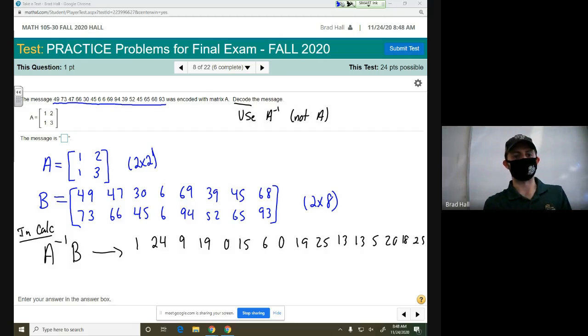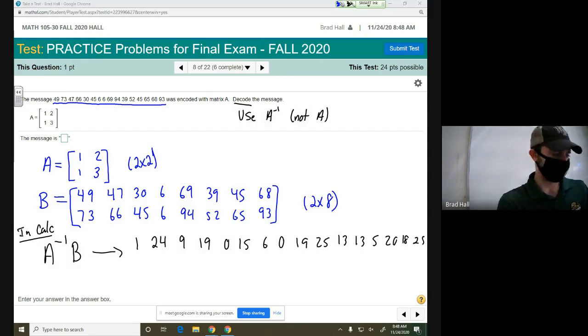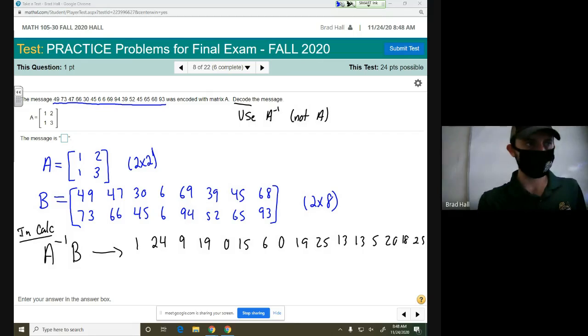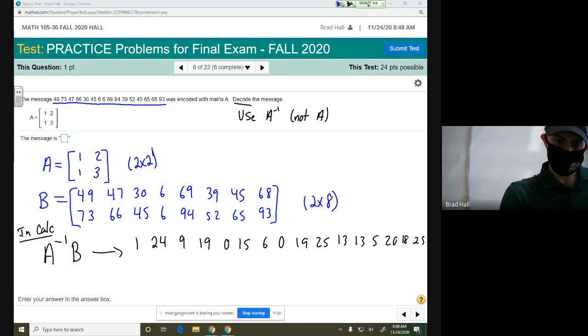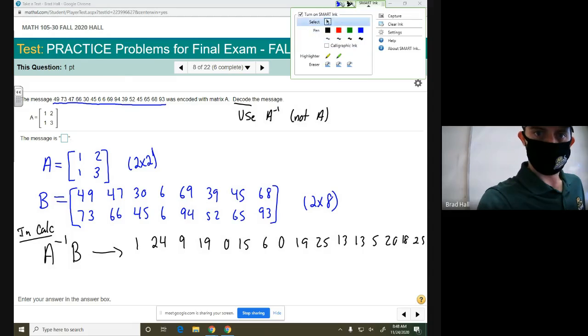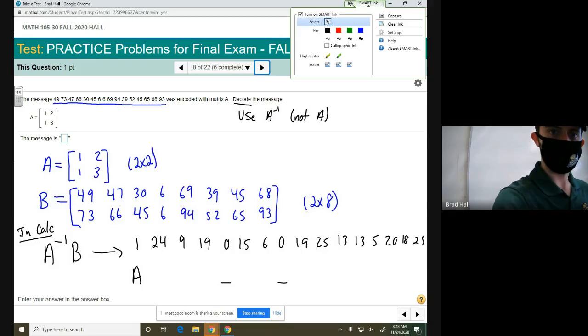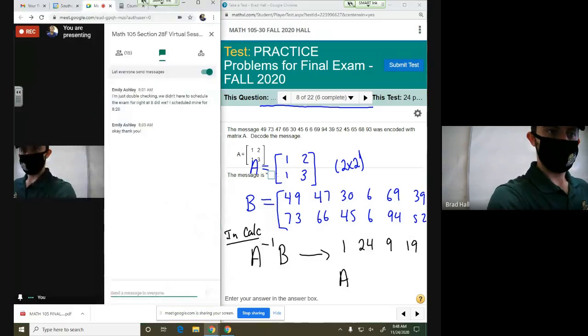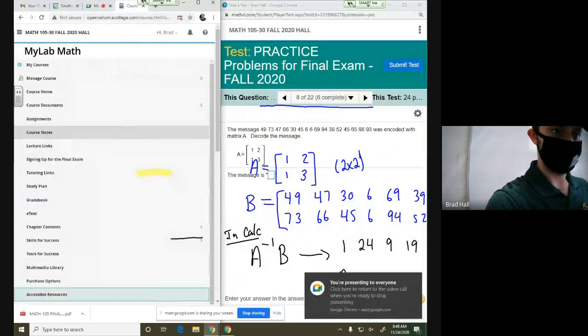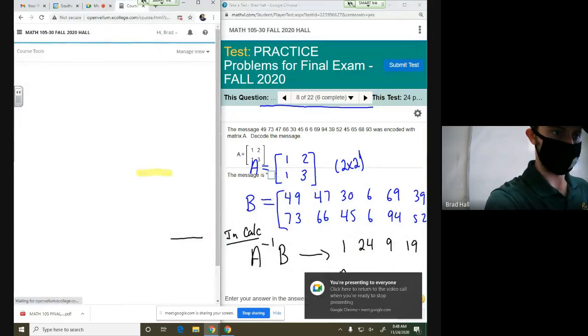So since we're decoding, it makes sense that we get numbers that are discernible with letters. So I wonder if I can figure this out. Okay, so you figure out a few of these. That's A, and that's a space, and that's a space.